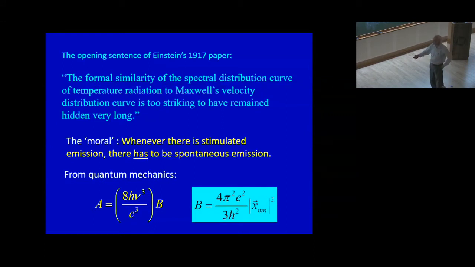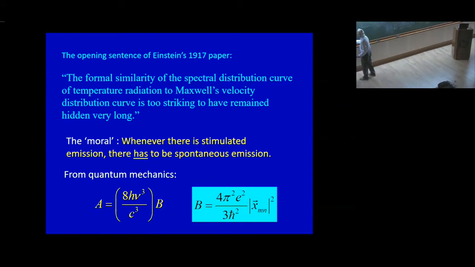And those of you who have studied quantum mechanics or will study will know that this spontaneous or stimulated emission or absorption coefficient is related to the matrix element of the coordinate, the oscillator strength as it is called, and the square of it. This is if you are dealing with a single particle. Now that equation can be written as e into x.